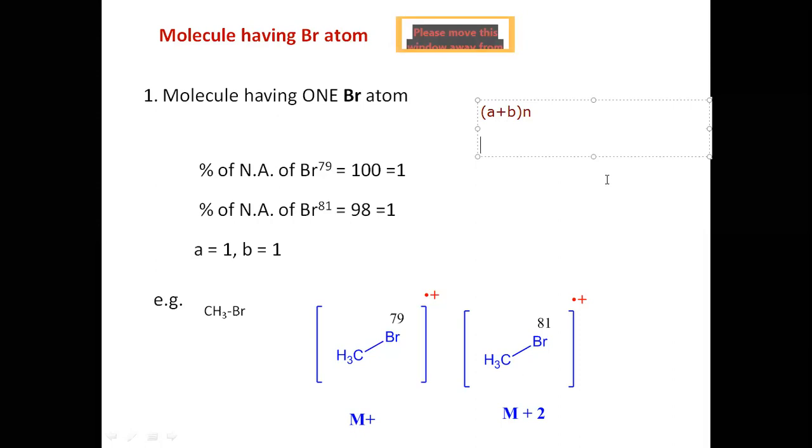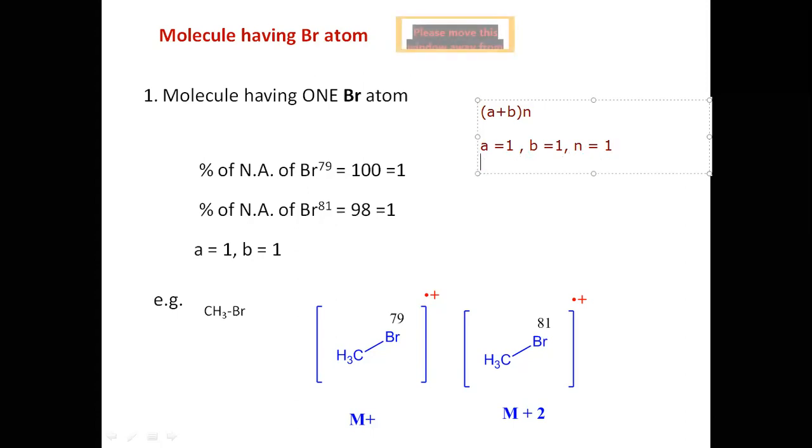Now put the values. What is the value of a for bromine? A is equal to 1. B is also equal to 1. What is the value of n? n is also 1.